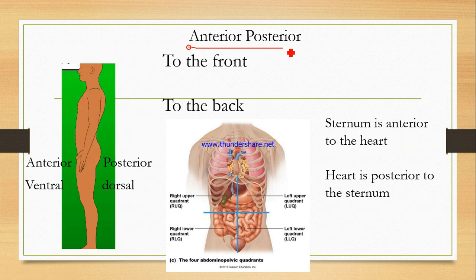Now coming to anterior and posterior. Anterior means it is to the front, as the name suggests, and posterior means it is the back. Now you know, in our chest, just below the sternum, our heart is there. This is the sternum bone.